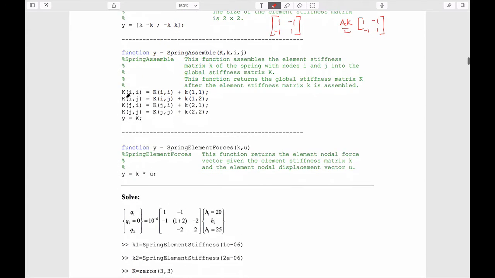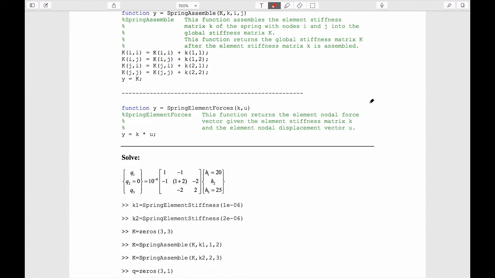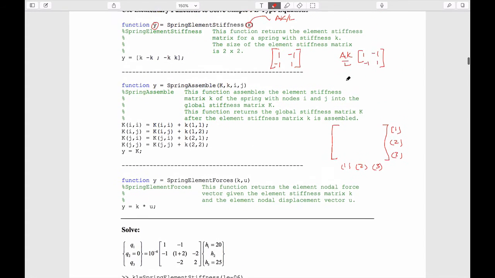The second thing, we want to take the K matrix and write it globally for our particular case. So for our geometry, it has to be 3 by 3.